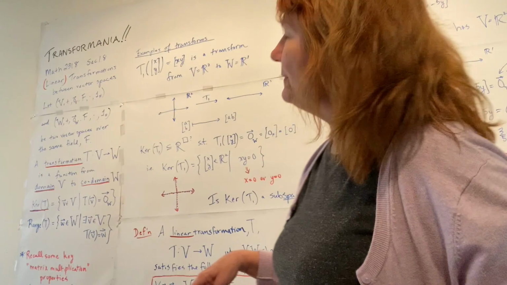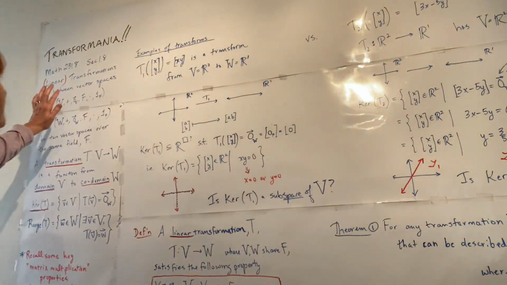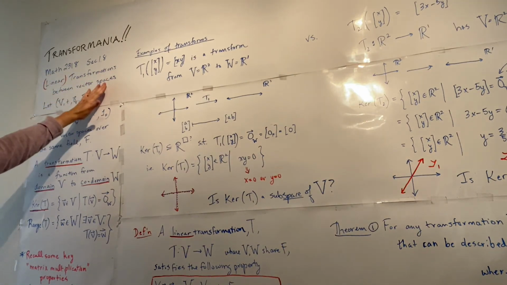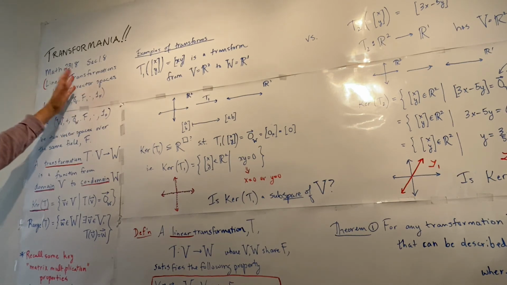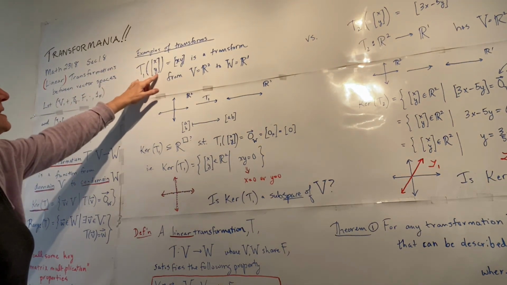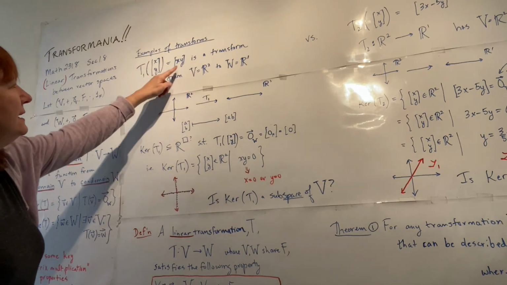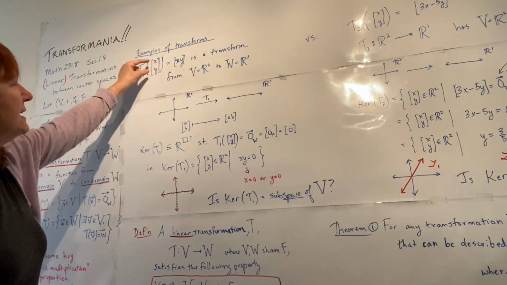All right, so this is one of the funnest parts of linear algebra. There are transformations between vector spaces. For example, here's a transformation. It takes a vector in R2 and turns it into a vector in R1 by multiplying those two components.